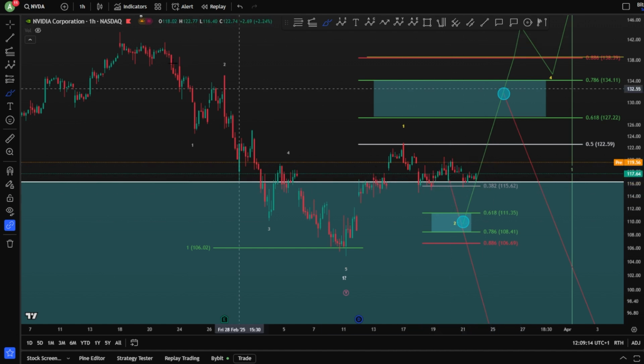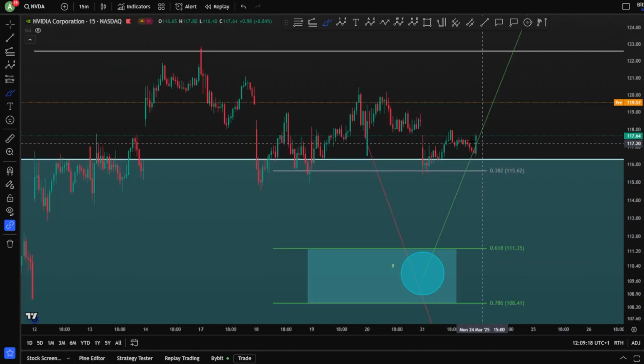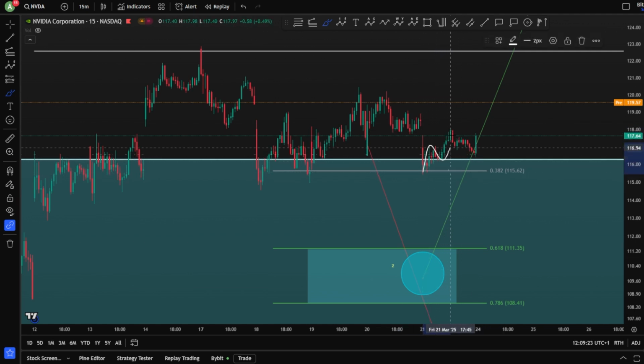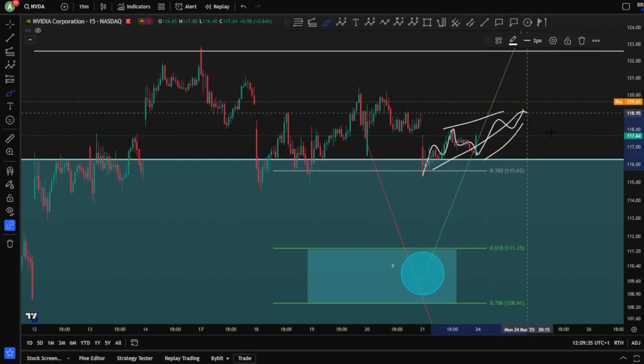Now you are looking for a new impulse toward the upside. Even if we dive a little deeper here, you cannot really find something very impulsive. As you can see, 1, 2, 3, 4 interfering, unless something else is unfolding potentially as a zigzag here, and of course wave 2, and then 3, 4, and a 5 as a leading diagonal for a wave 1, 2, 3, 4, and a 5 continuation toward the upside.